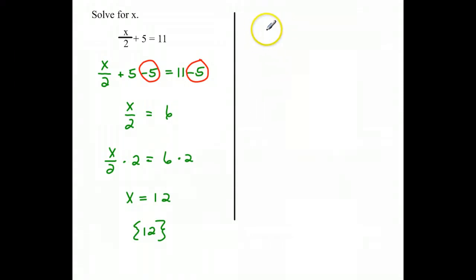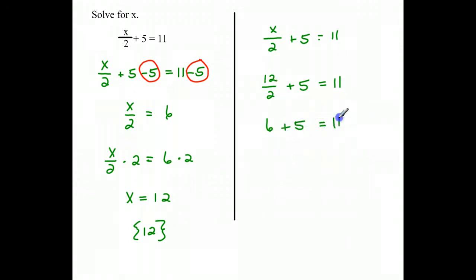As always, for my check, I'm going to start with the original problem, plug 12 in for x, and simplify. 12 divided by 2 is 6. 6 plus 5 is 11. So my answer of 12 checks out.